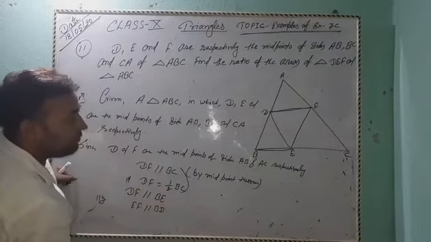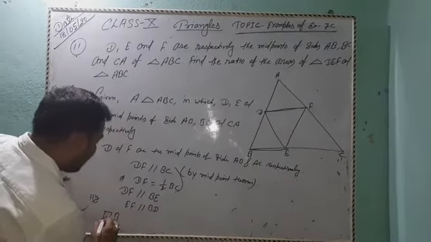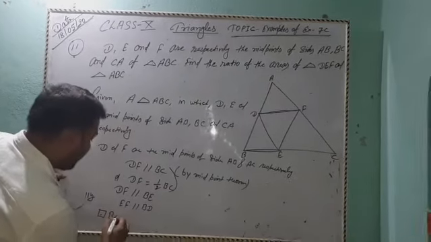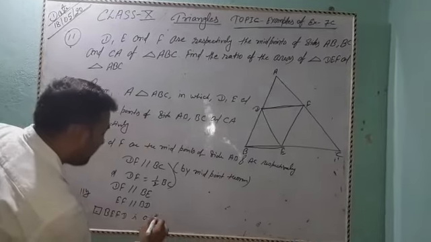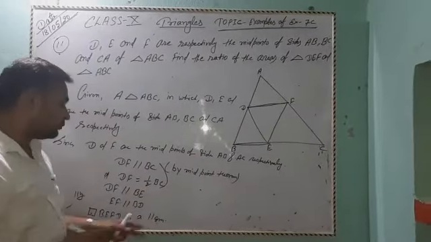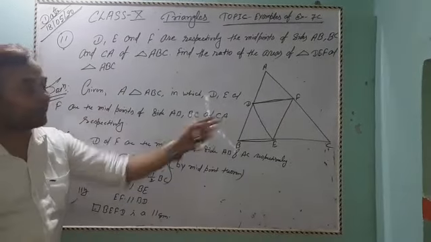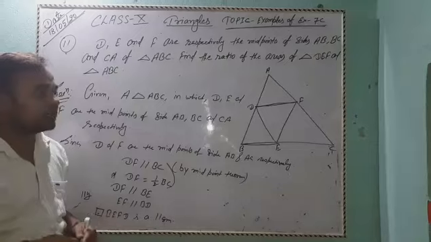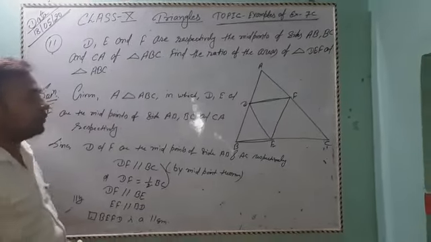Then we say that quadrilateral BEFD is a parallelogram. Okay. In a quadrilateral, if two pairs of opposite sides are parallel, this quadrilateral is called a parallelogram. So BEFD is a parallelogram.